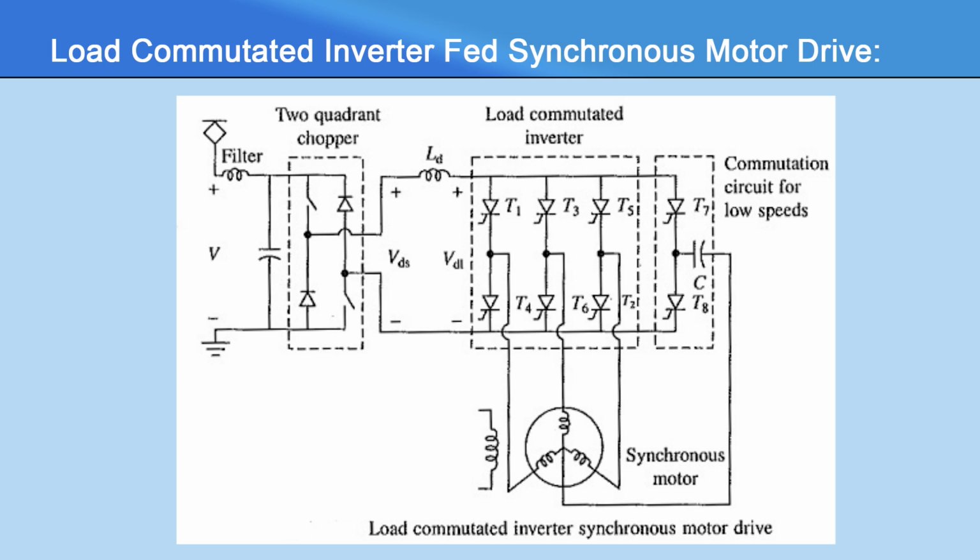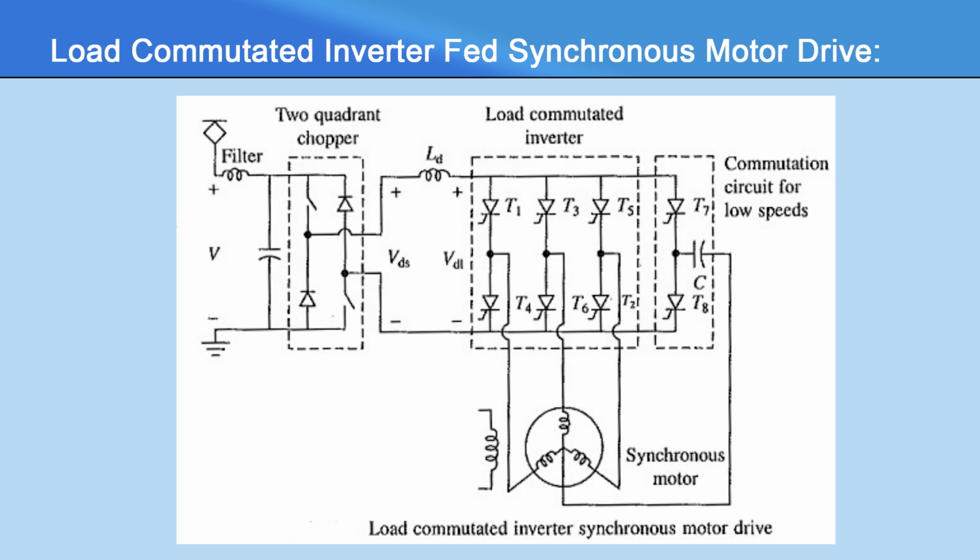the motor. During motoring, the power flows from the DC mains through the chopper, DC link and the inverter to the motor. When the inverter firing angle is changed from 180 degrees to 0 degrees, the voltage VDL reverses.